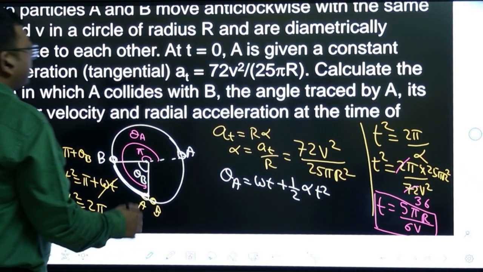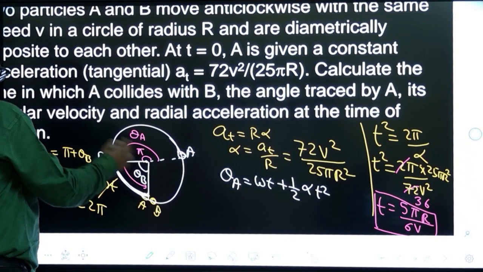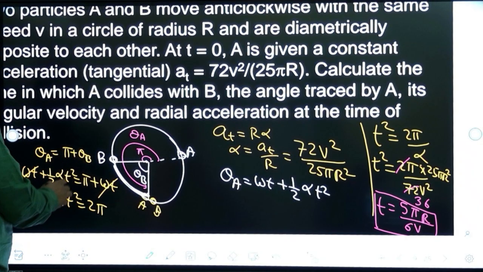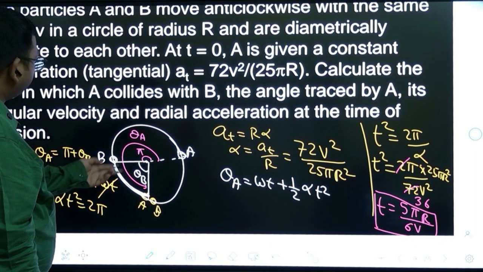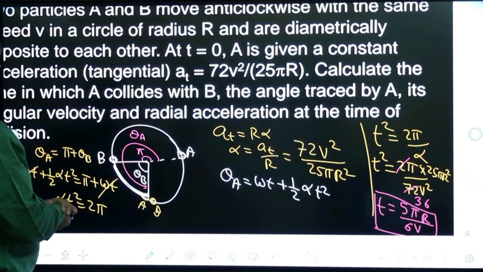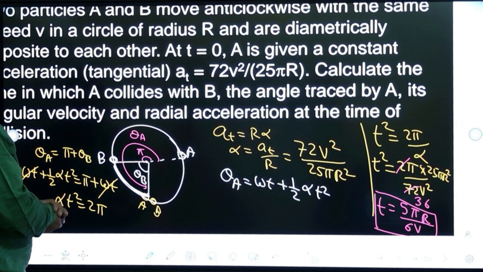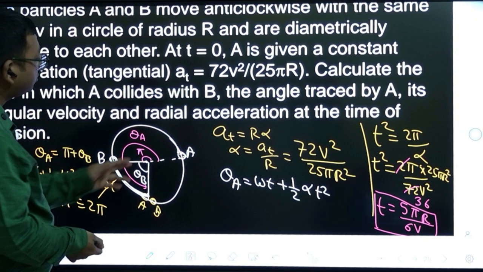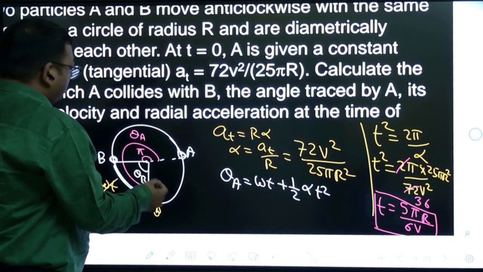Once you get time, then you calculate angle traced by A, theta A. Theta A we can substitute here, correct? Omega t plus half alpha t square, or pi plus omega t, anything we can calculate. Theta A, velocity and radial accelerations. Radial acceleration means centripetal acceleration, because once you know v you can calculate omega.